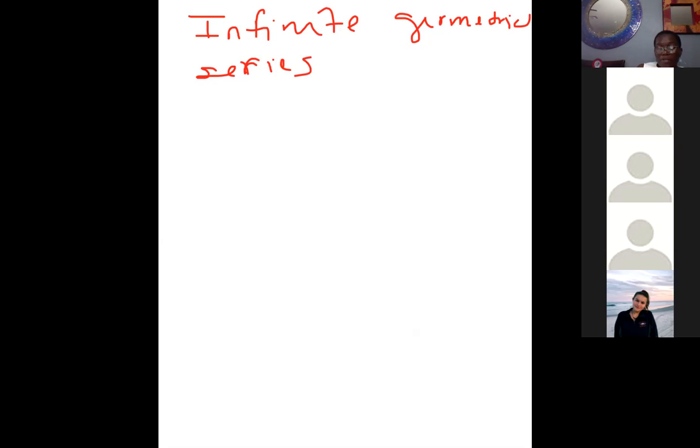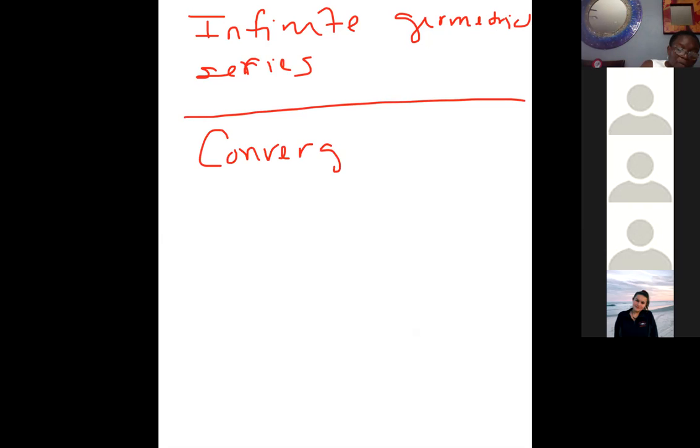So when it comes to the infinite geometric series, guys, either they are going to converge or they are going to diverge. When a geometric series converges, that means the sum will approach a certain value.